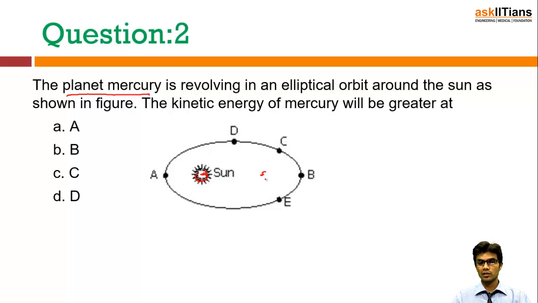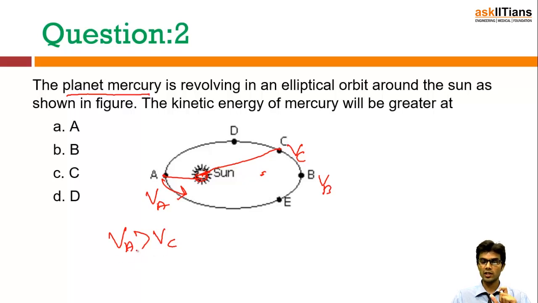When the planet is far away from the sun, it moves slowly, and when the planet is nearer to the sun, it moves faster. So VA is greater than VC, because to maintain equal area in equal interval of time, the second law of Kepler.